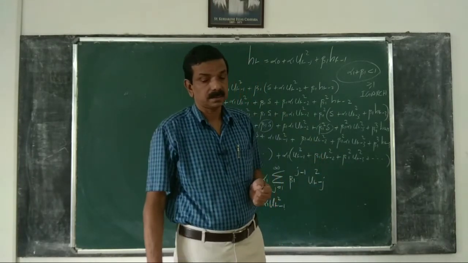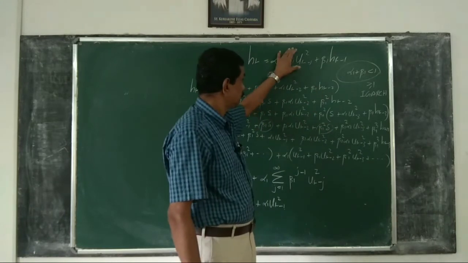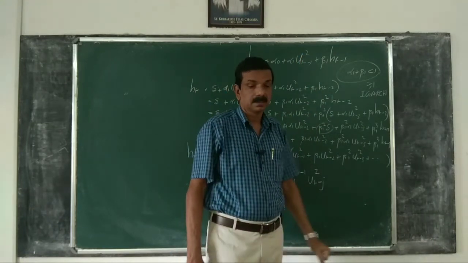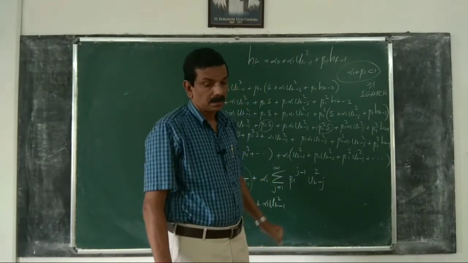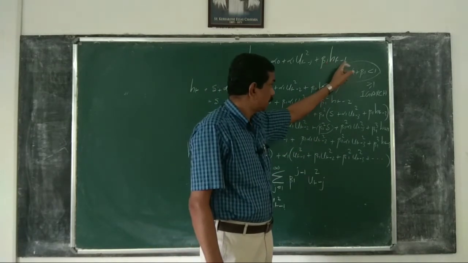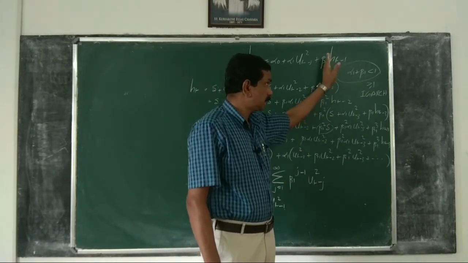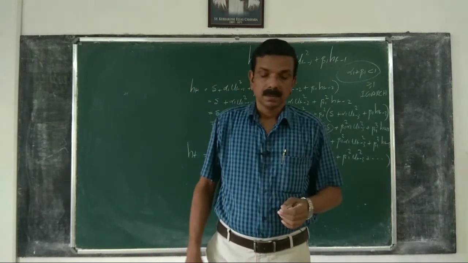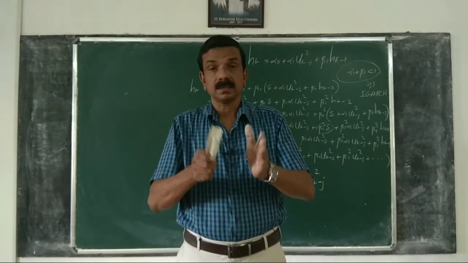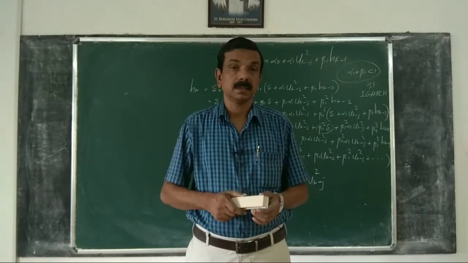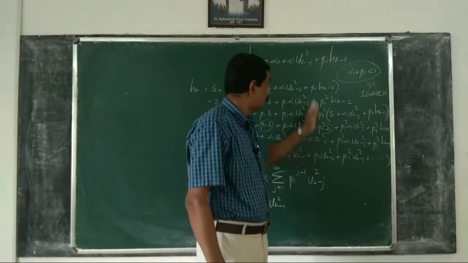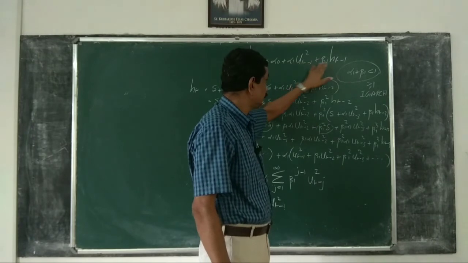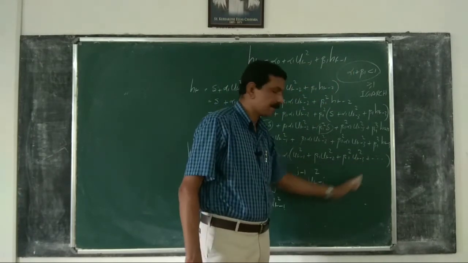It says that volatility changes with ut minus 1 square, and also it depends on ht minus 1, and beta 1 is a measure of the persistence, because it represents all the terms other than ut minus 1, as you can see here.